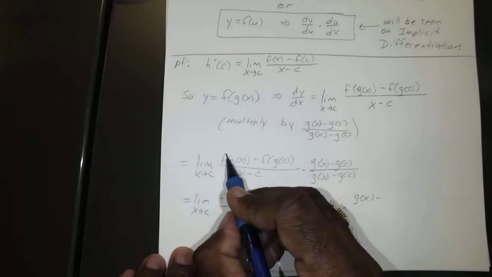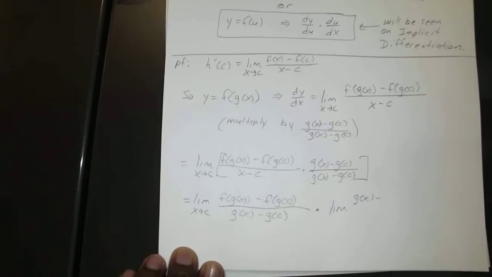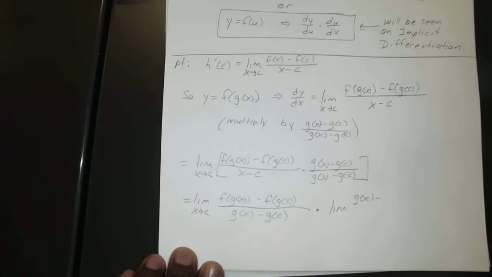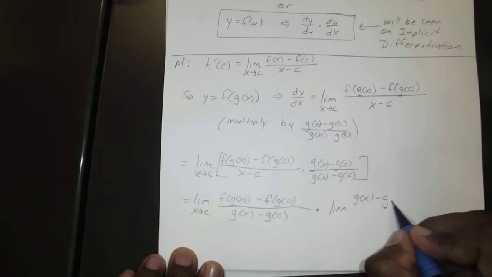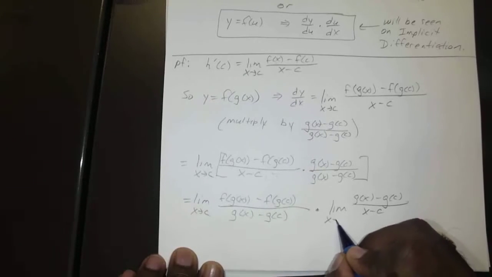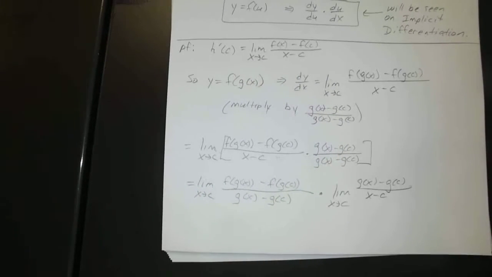Because remember, this is the limit of this entire thing. So we're swapping those two, and then we're just applying the limit to both factors. G of x minus g of c all over x minus c as x approaches c.